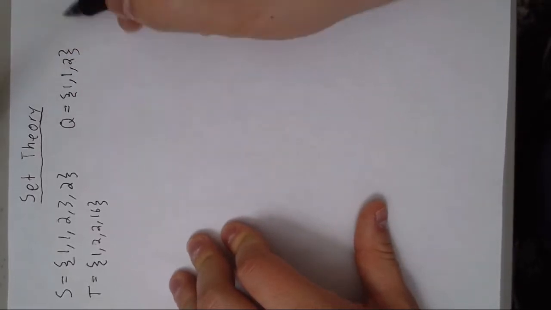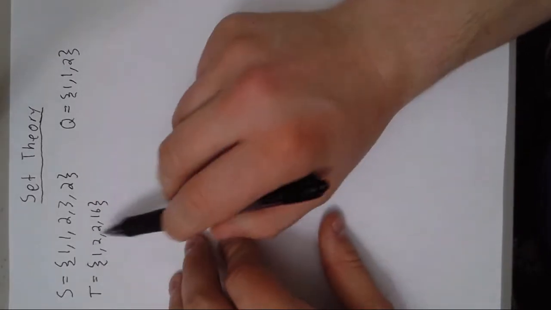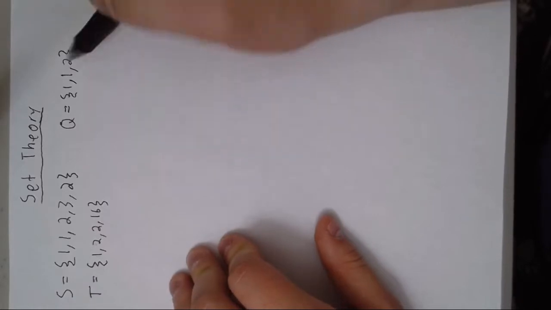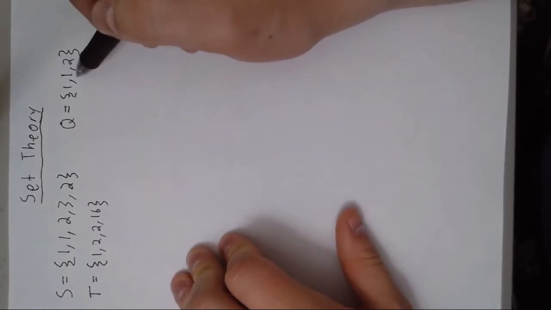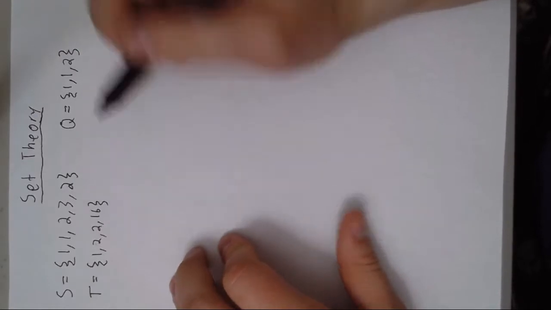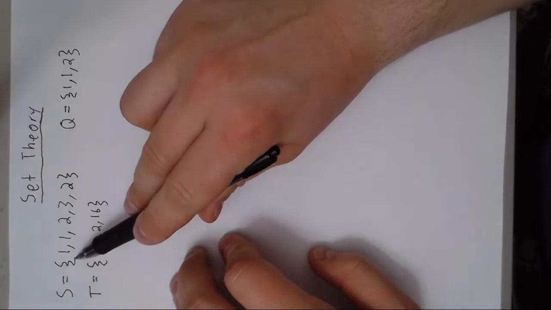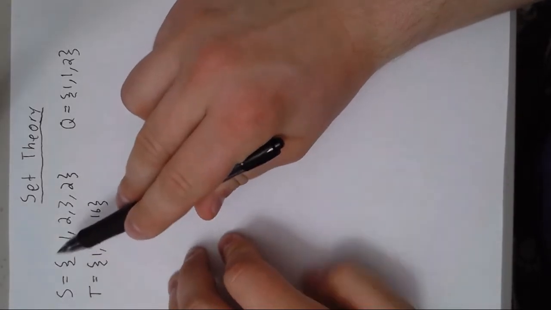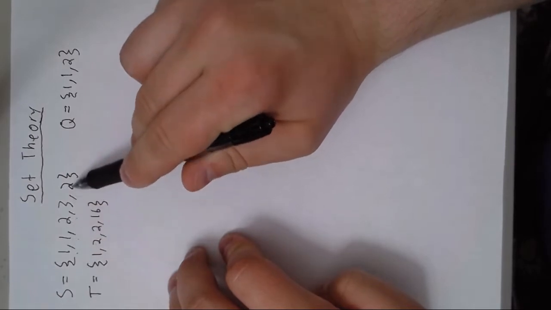Q would be a subset of S because it has all the elements that are in S. It's only considered a proper subset if it has fewer elements than the original set. So it wouldn't be a proper subset if it was just the same, like a set that just had 1, 1, 2, 3, and 2, just like S does.